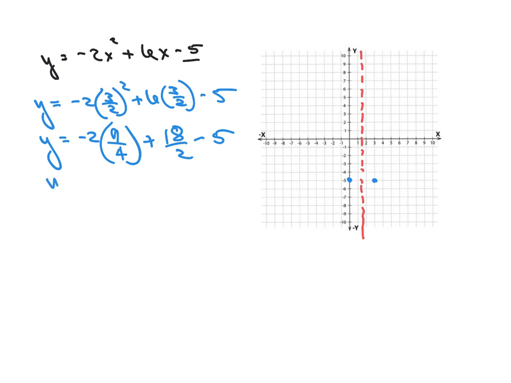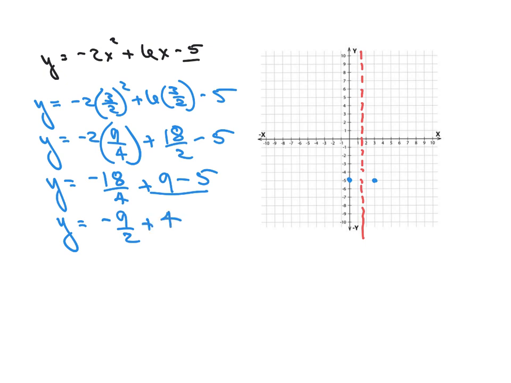Okay, let's multiply the first. 18 over 2 is 9 minus 5. So y equals negative, well, that'd be 9/2 reduced. This would give me plus 4. And then common denominators. This is why you learned all of that. So y equals negative 1/2.